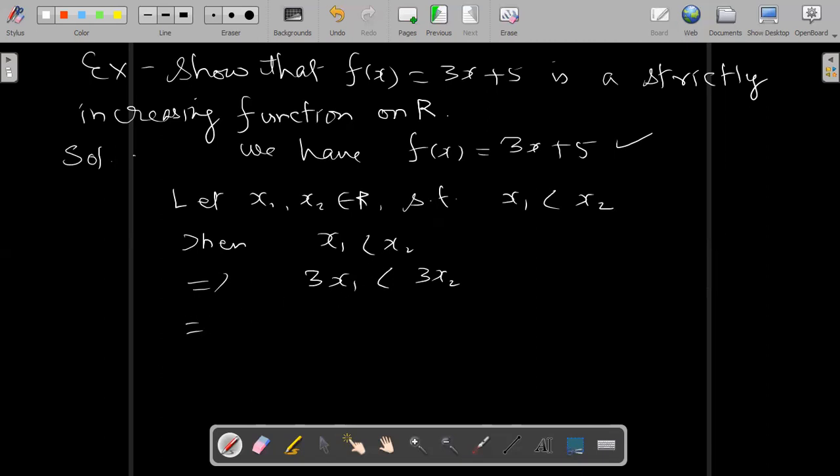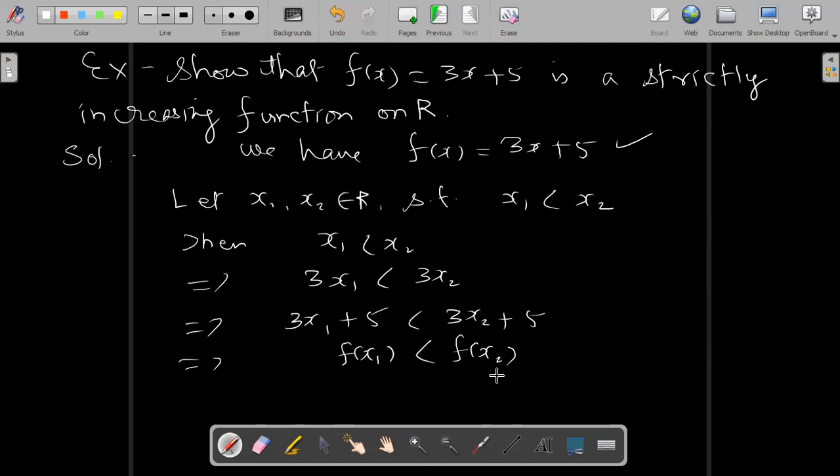And adding 5 on both sides, by the properties of inequality we can add 5 on both sides: 3x1 + 5 is less than or equal to 3x2 + 5. So what is this? This is f(x1), and the other is f(x2). So f(x1) is also less than f(x2). In the case of an increasing function, sometimes it is easier.